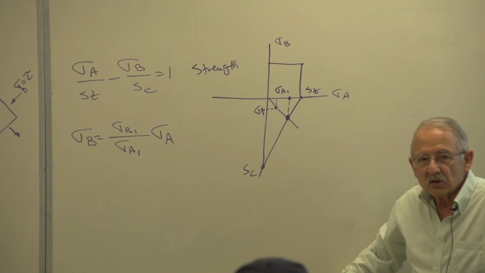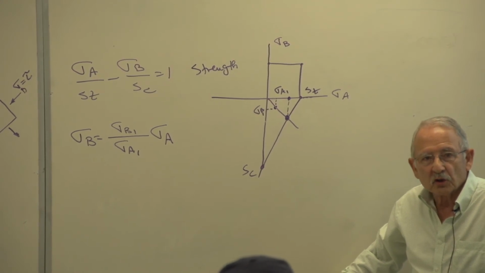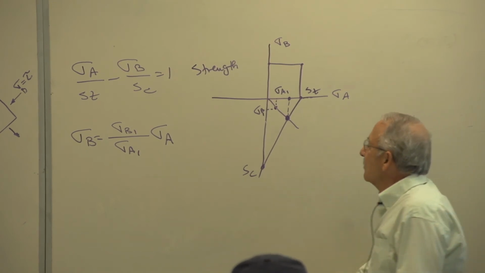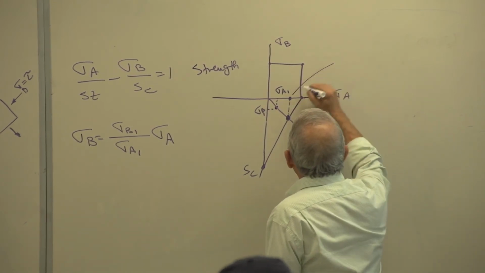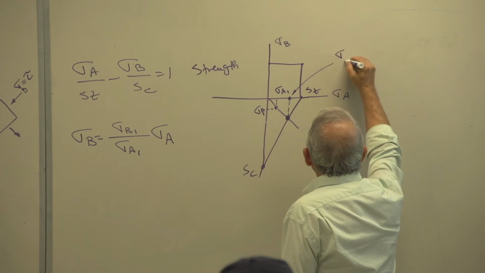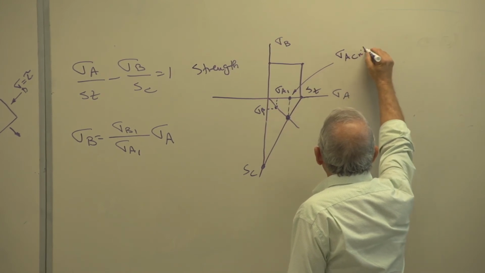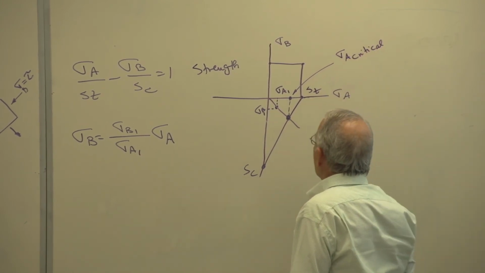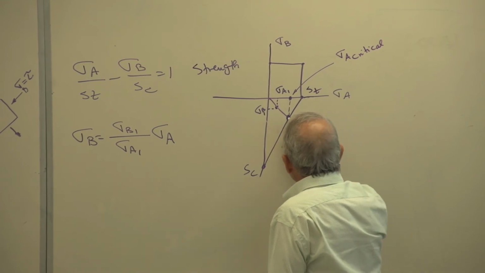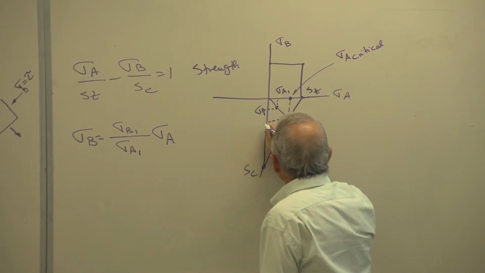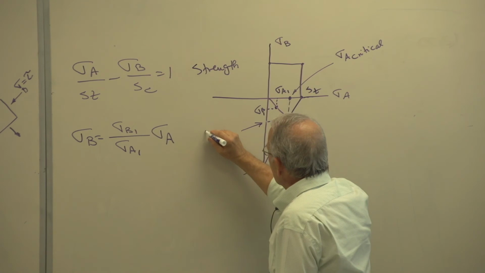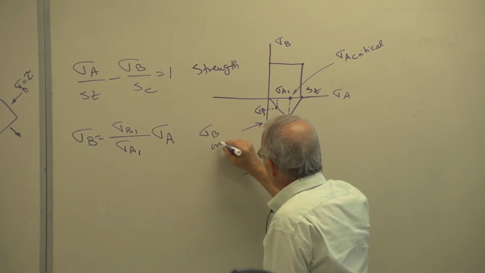Two straight lines, you solve their equations, you get coordinates of the point of intersection. So I'll call that sigma A critical. And this, of course, will be sigma B critical.